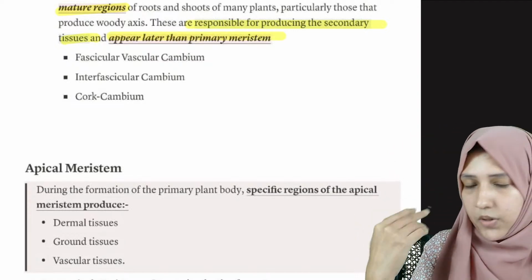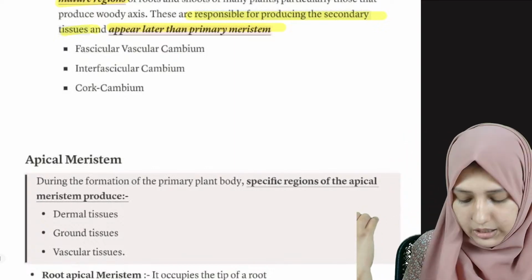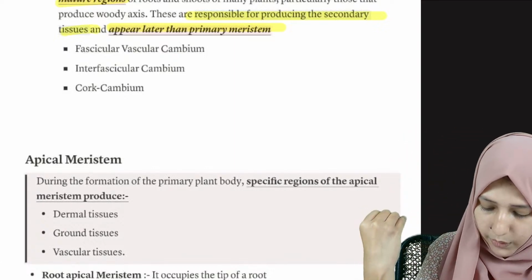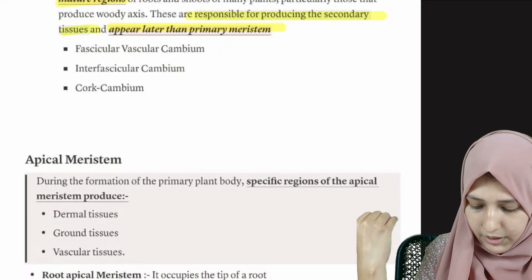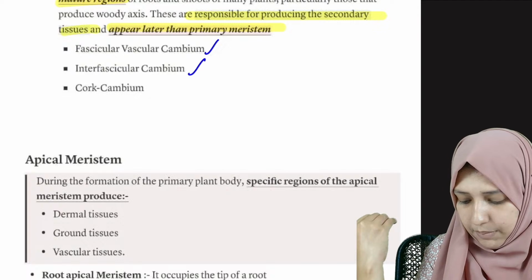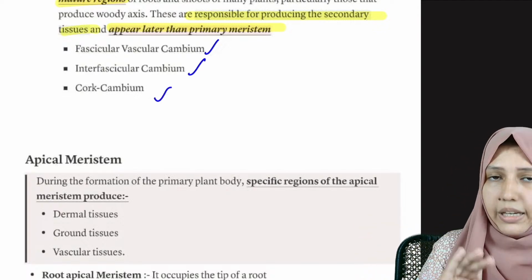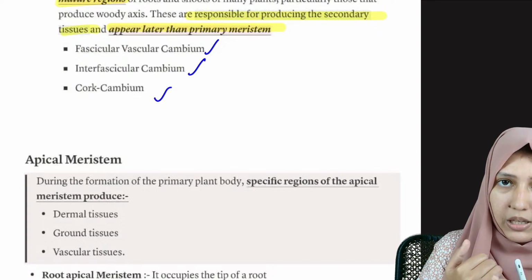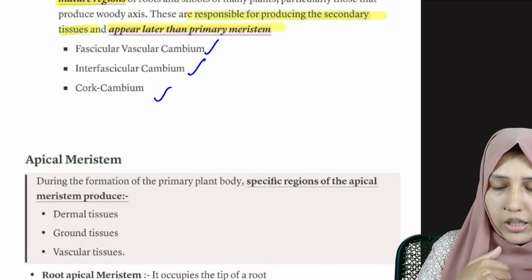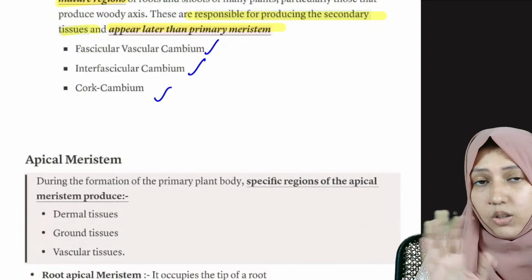It's obvious. What are the types of secondary meristem? Fascicular vascular cambium, interfascicular cambium, and cork cambium. So be clear about it. Primary meristem: apical meristem and intercalary meristem. Secondary meristem: fascicular vascular cambium, interfascicular cambium and cork cambium.